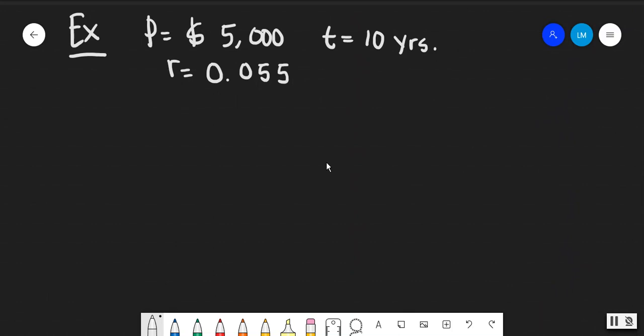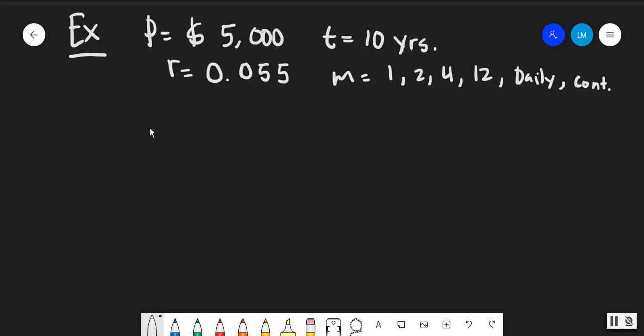What if we wanted to explore the amounts that would be earned if it was annual, semi-annual, quarterly, monthly, even daily, and then maybe look at continuous compound interest? We're going to see how much is earned over this amount of time.